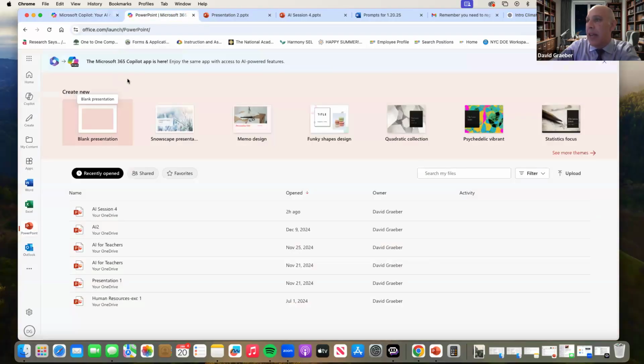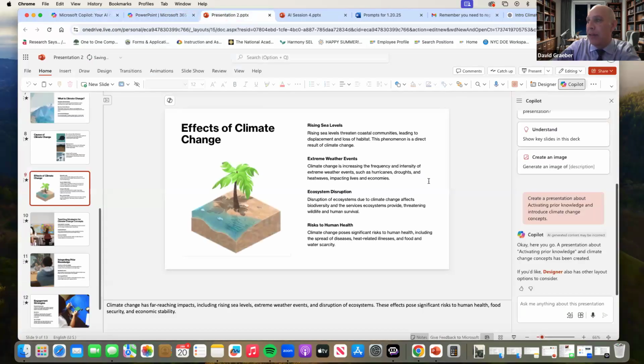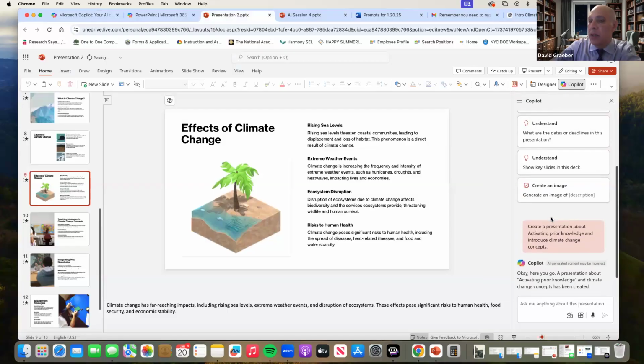So I had to go into the actual PowerPoint itself to do that. So they're starting to differentiate the way the tools are, and I'm imagining that's for a pricing scale, right? So I know that, for example, with Gemini, you can buy the Gemini, and then you can buy the Gemini that has more enhanced imaging, and then there are specific tools that are just image generators. So they're starting to really differentiate.